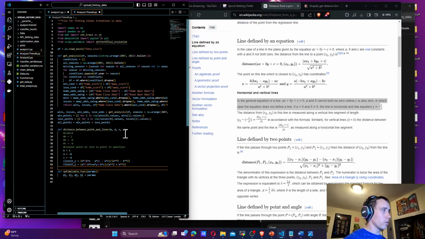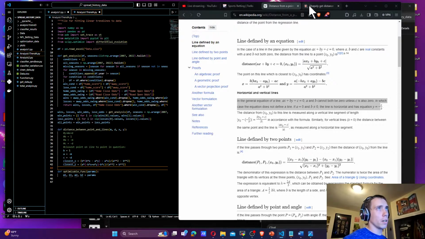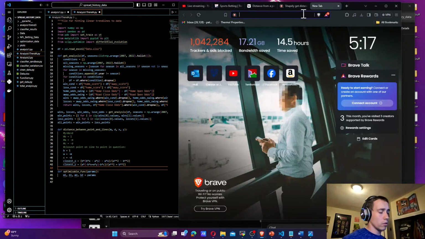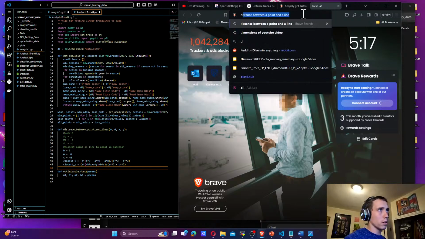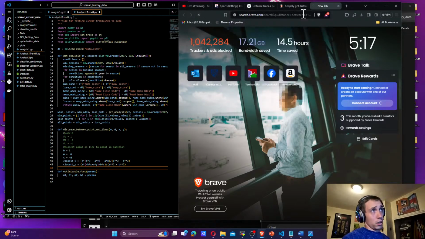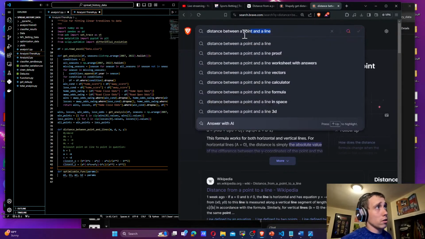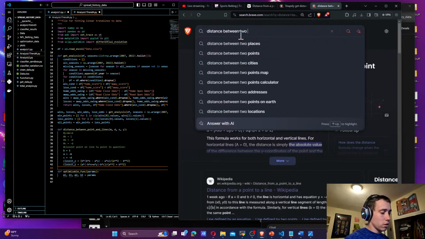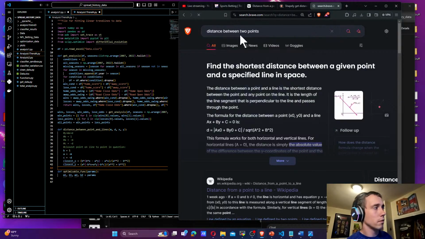Cool. So we have closest X, closest Y, and then distance between 2 points. I just want to look it up to be totally sure. Distance between 2 points. Voila.